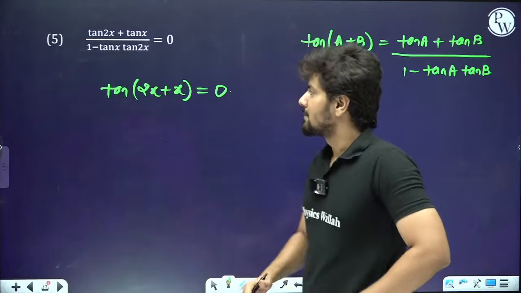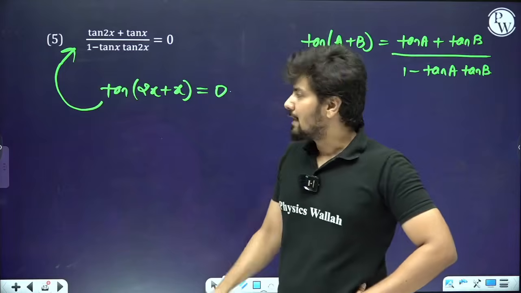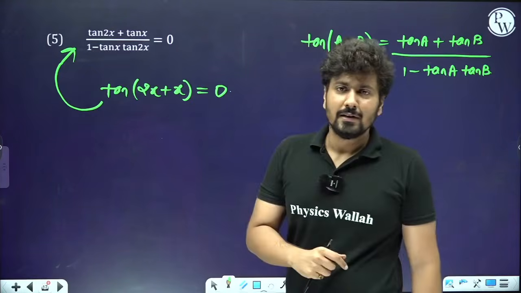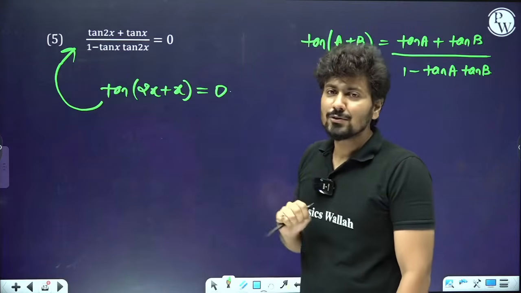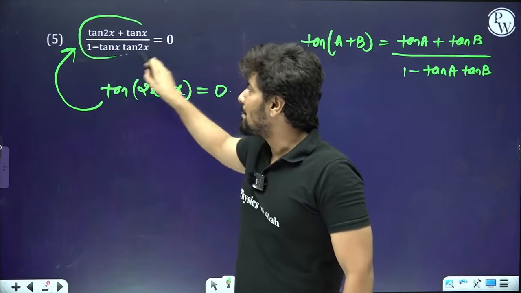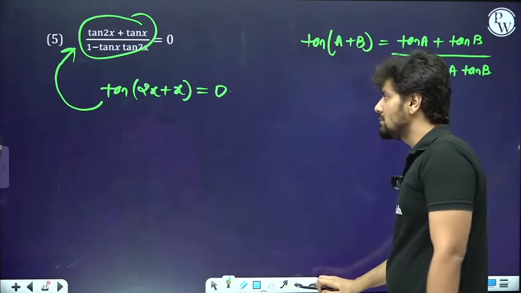Do you get it? If you expand tan of 2x plus x, you get this, right? Tan of 2x plus x will be tan of 2x plus tan of x upon 1 minus tan x into tan 2x, right? So I have compressed this thing to this thing. This is tan of 2x plus x is equal to 0.